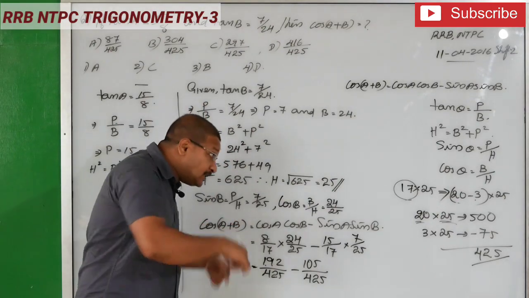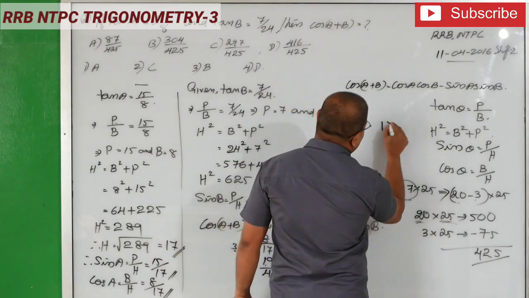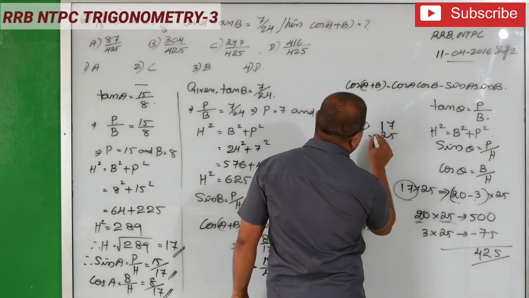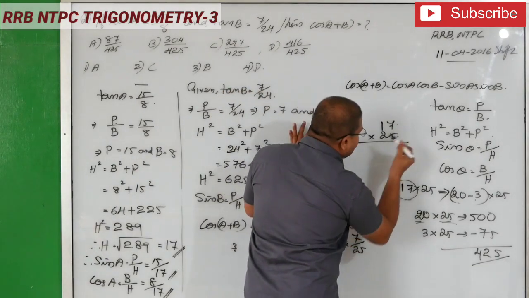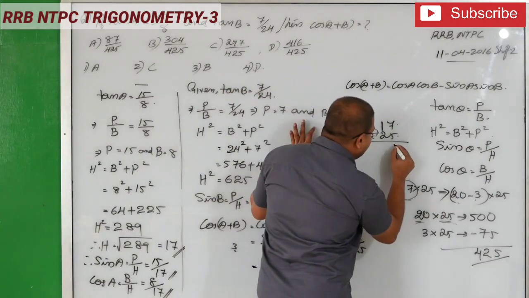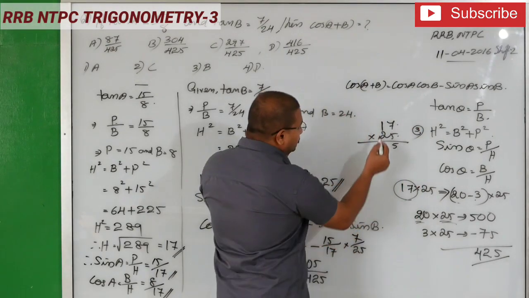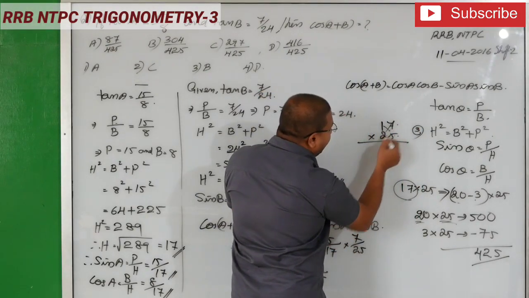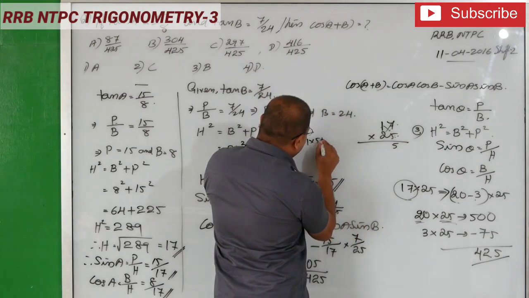Otherwise, Vedic arithmetic. What is that? 17 into 25. These two we can multiply this way. 7 5s are 35, 5, 3 in hand. Now these two will multiply and add it. 1 into 5 is 5.